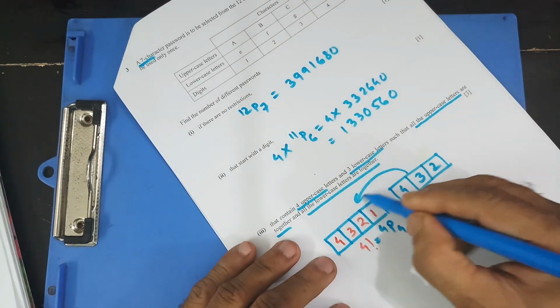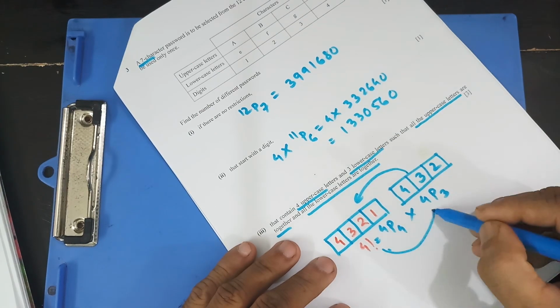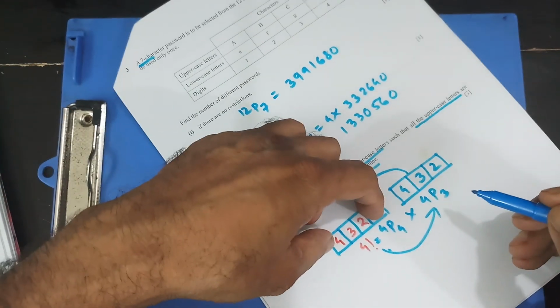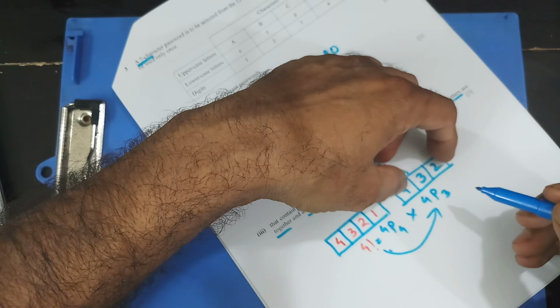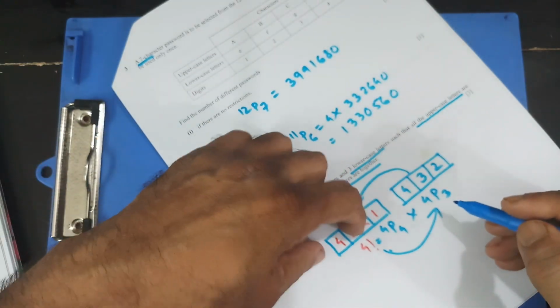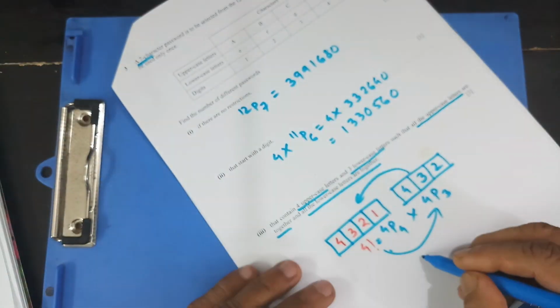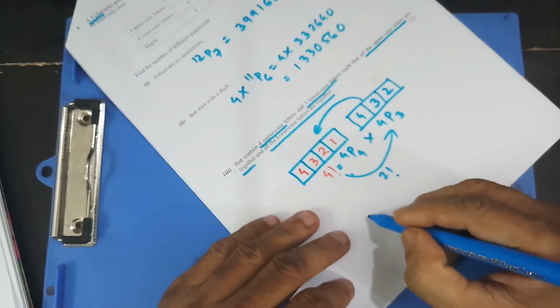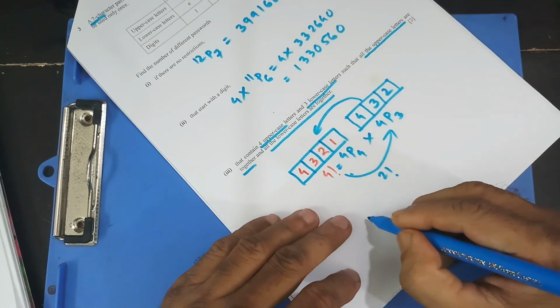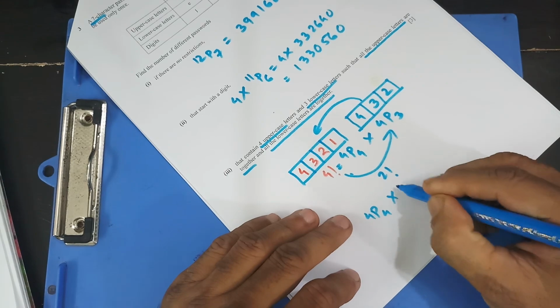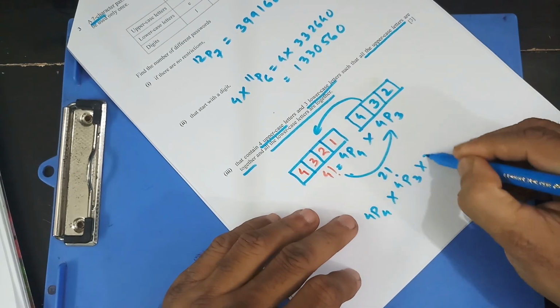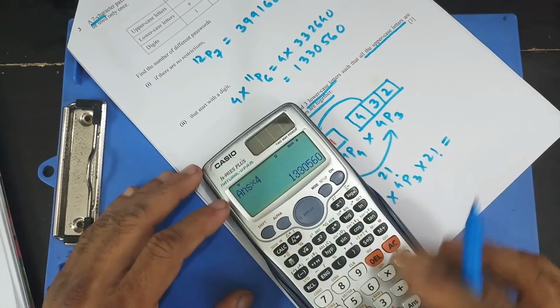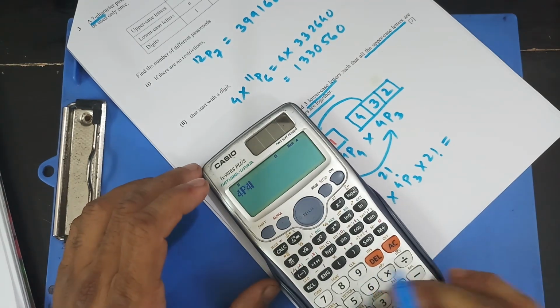I can place this one over here and this one over here, the 4 uppercases here and 3 lowercases over here. It can be arranged with 3 lowercases here and 4 uppercases there. So it's 2 factorial. So the answer is going to be 4P4 times 4P3 times 2 factorial. So that's going to be 4P4.